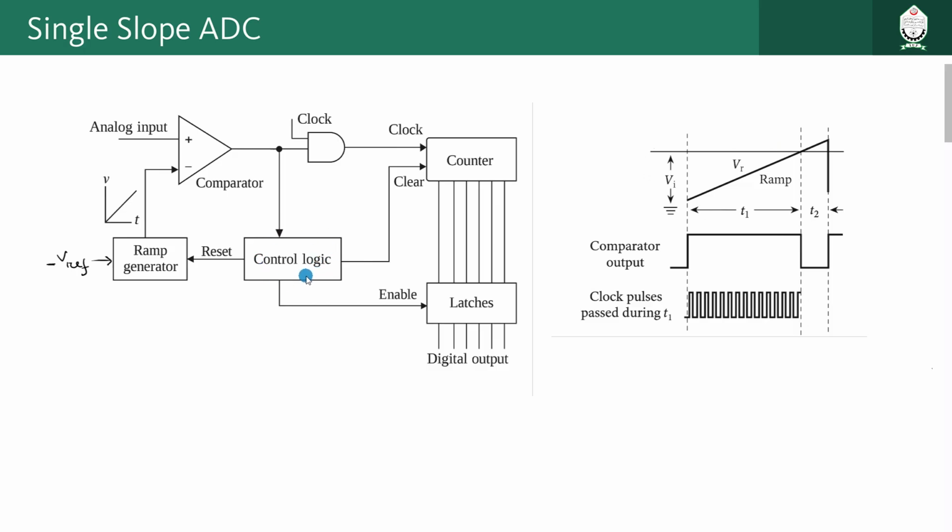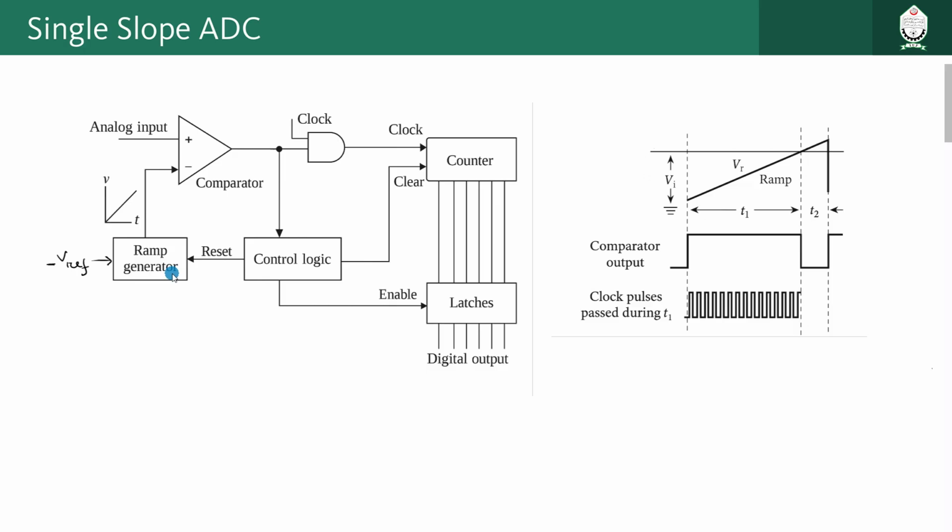When it initially starts, the control logic will send a signal here to clear the counter, so that if any garbage value is stored, it will be cleared to make it 000 in the initial state. And then it will also reset the RAM generator, so that if some voltage is already stored from the previous process, it can be reset to 0.